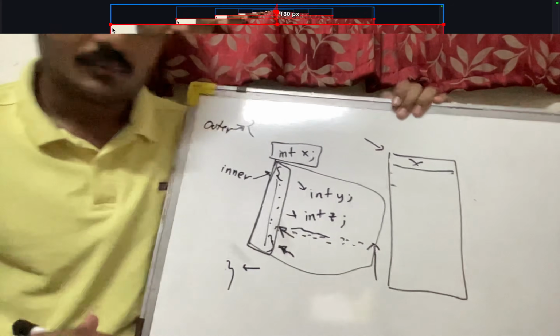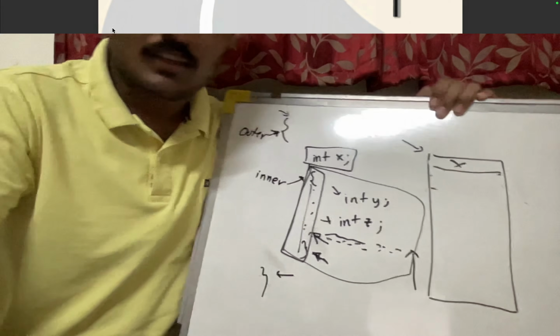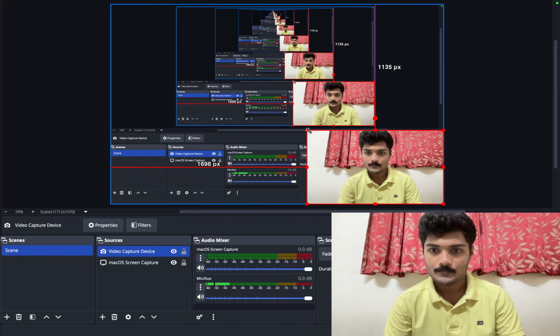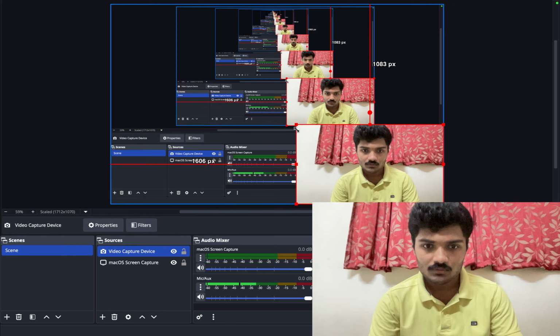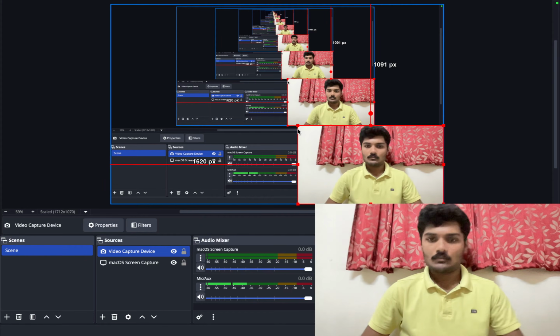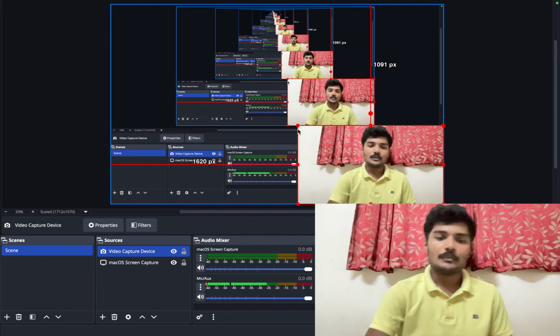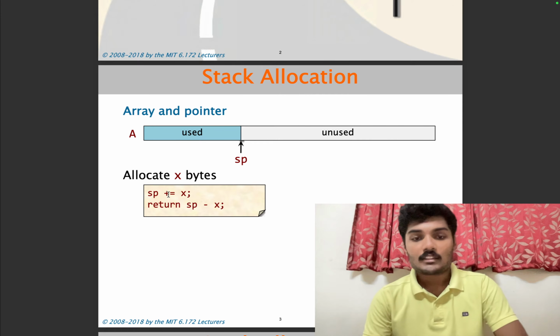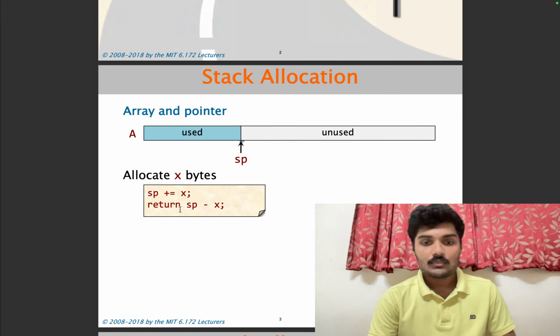So this is great. Now let me just keep this aside. Okay, so that's what is happening. Let's say sp plus equals x, return sp minus x.